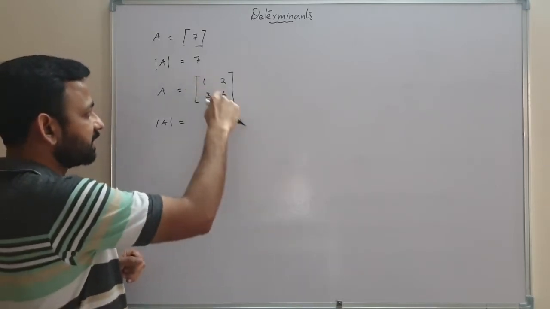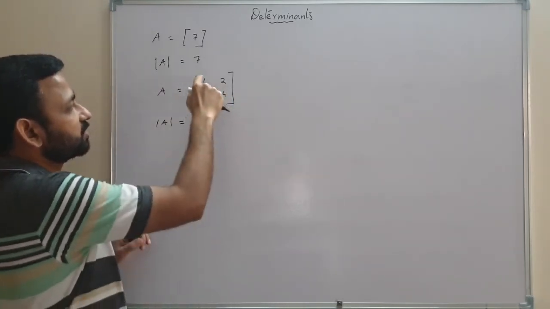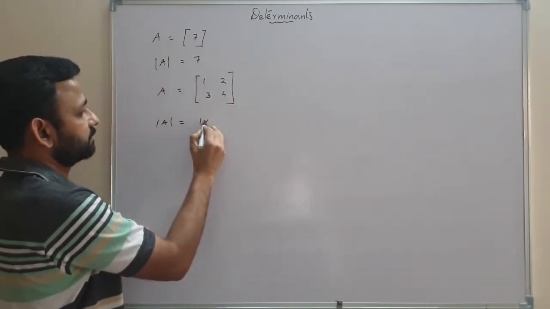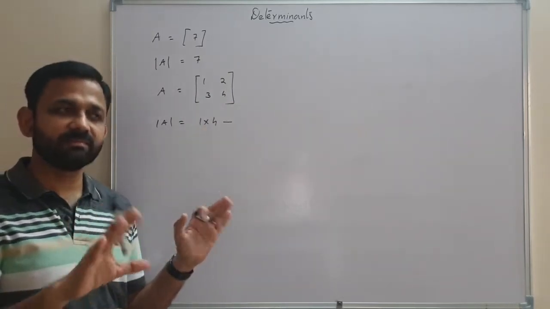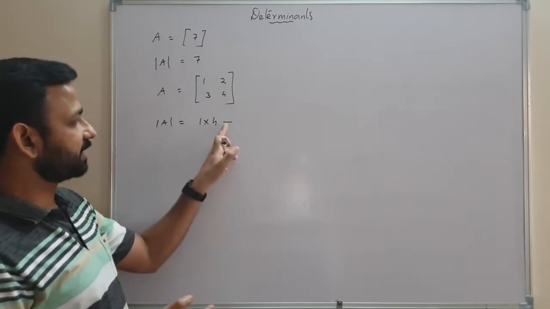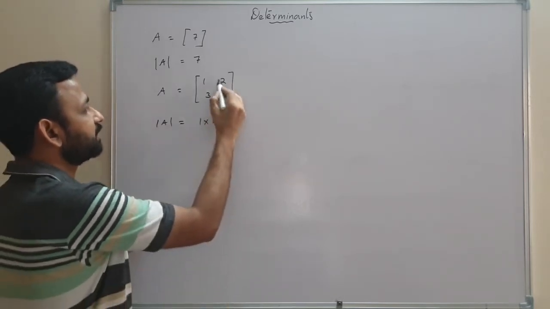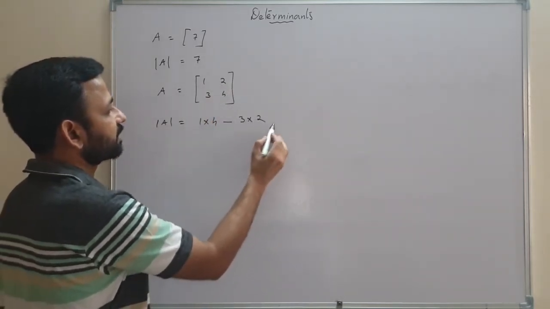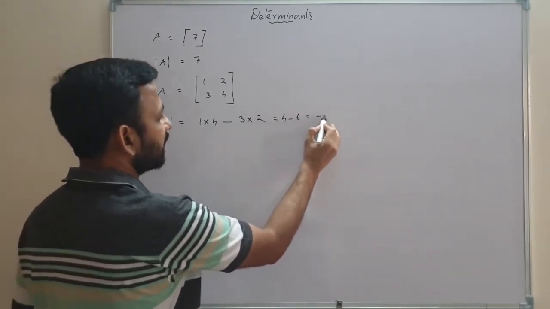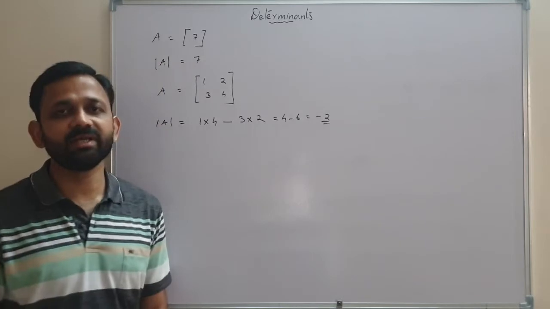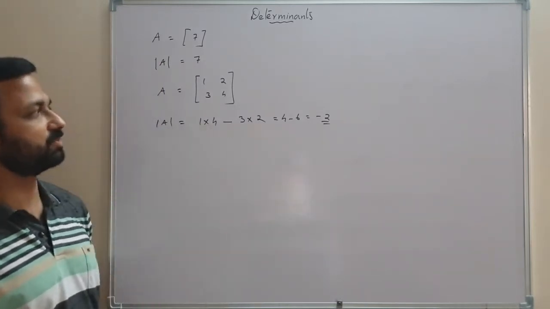This is the diagonal of the matrix, so 1 into 4. And here the sign is always subtraction, in every matrix. Then 3 into 2, equal to 4 minus 6, answer minus 2. So here the determinant is minus 2.